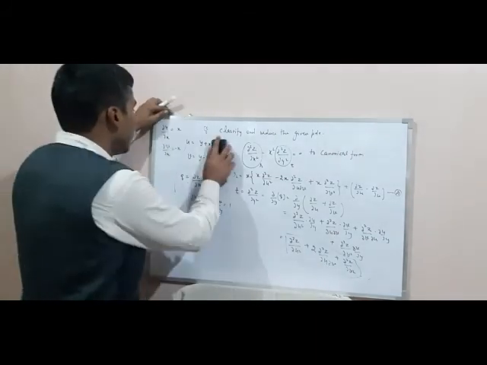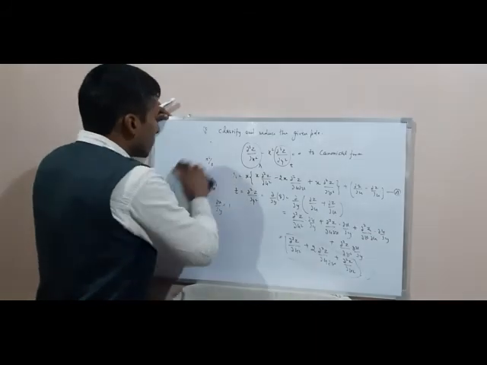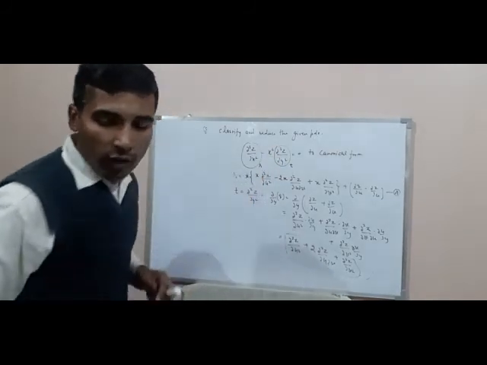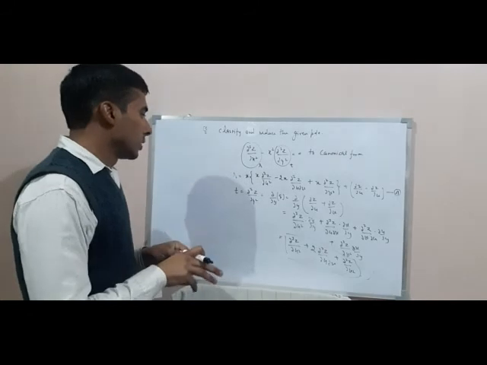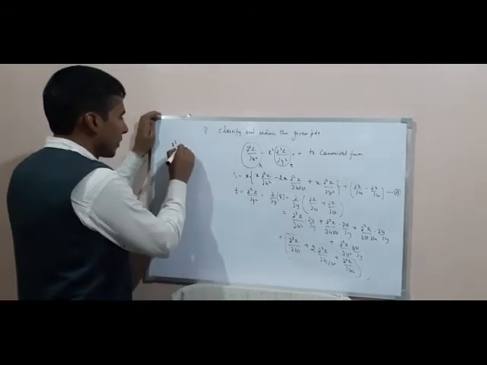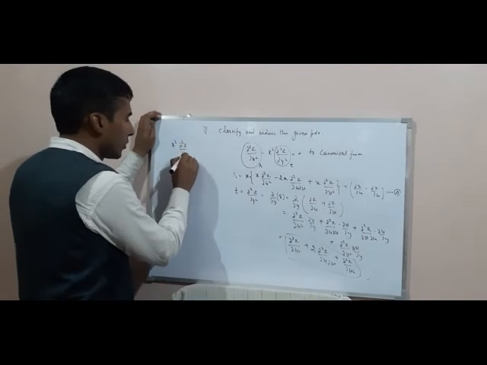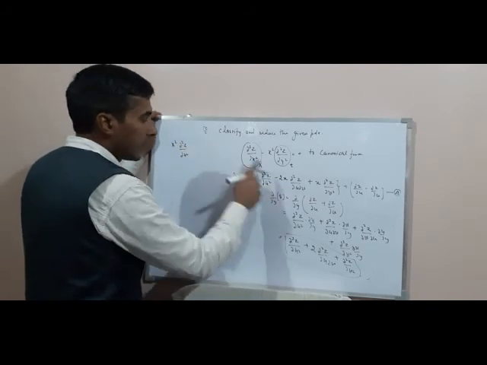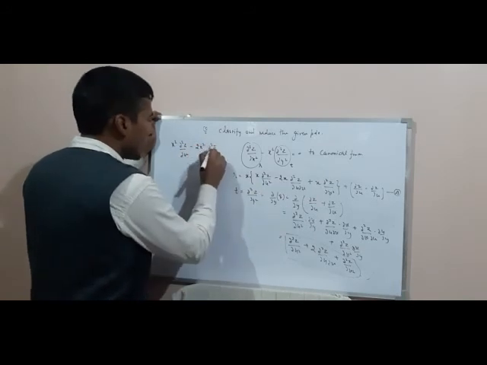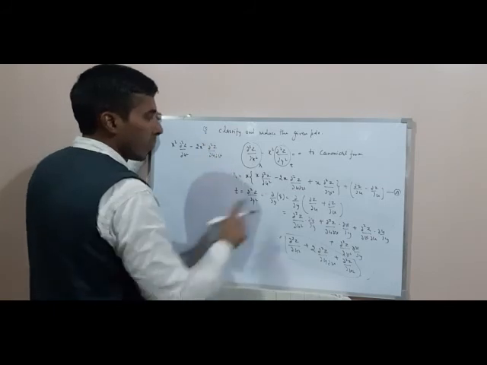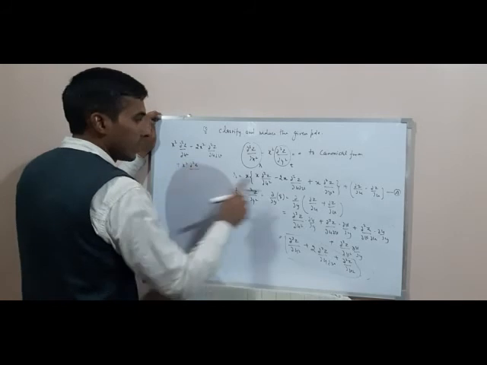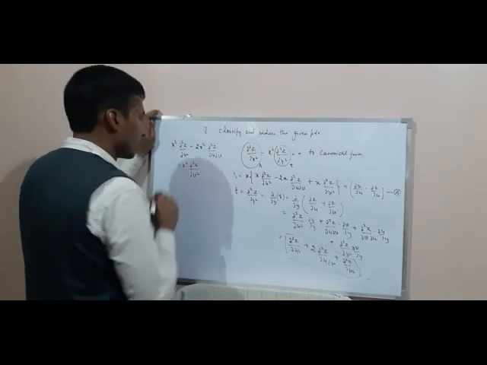Now when we put the values of small r and t in the given equation, what will we get? See carefully, this is x² ∂²z/∂u², and this can be written as minus 2x² ∂²z/∂u∂v, and this is also x² ∂²z/∂v².